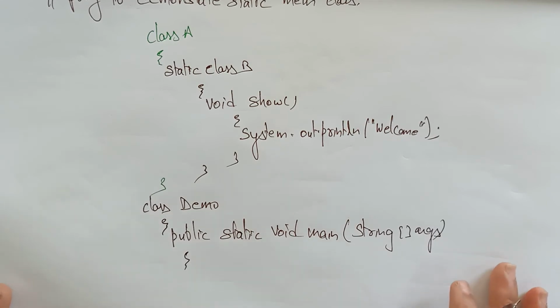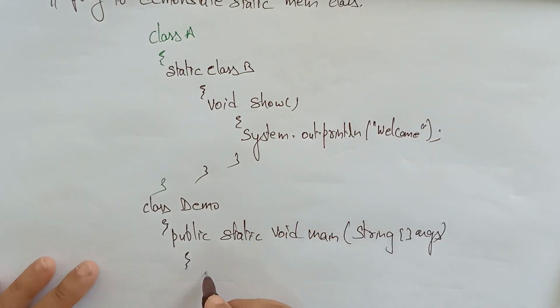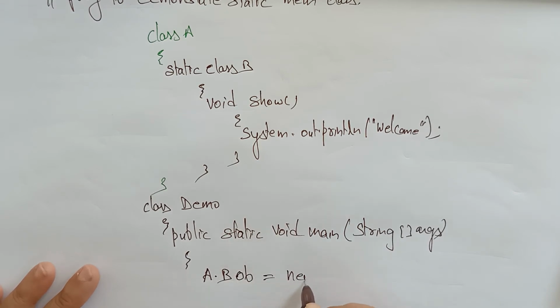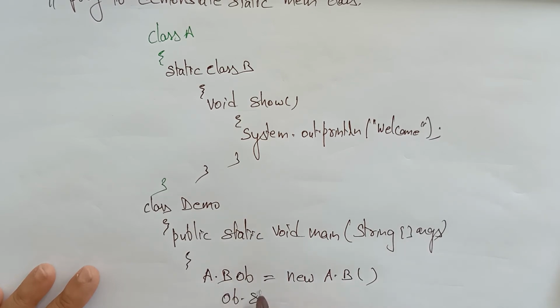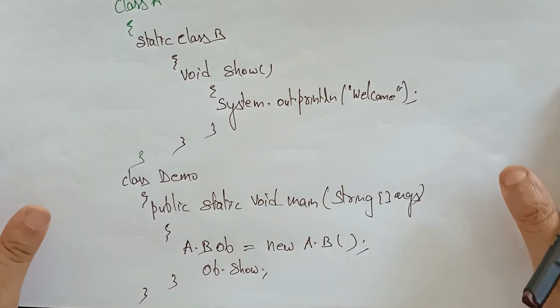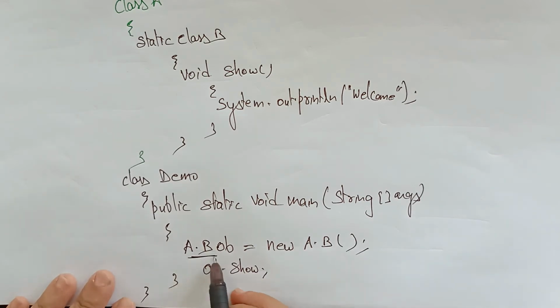So now what you are going to write? So static classes can be called directly, right? You can call it directly with A reference, a B reference, OB is equal to new A dot B, OB dot show. That's it. You already know, if you want to call the members of a static class, you can call by using the class names.